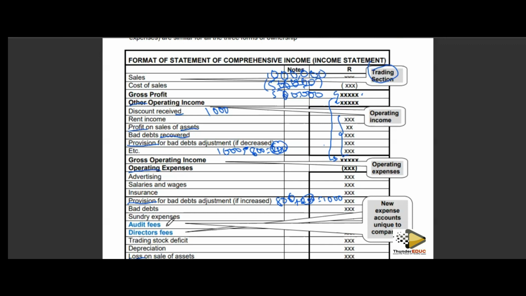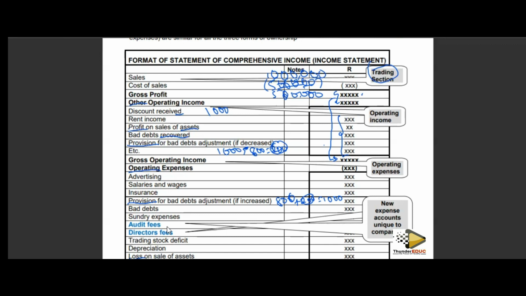If you go to university, you will do auditing there, but even here we do some questions in auditing, just a few. If the auditor comes, the company must pay audit fees. So the audit fees which we paid for the year will be recorded under this line, audit fees.